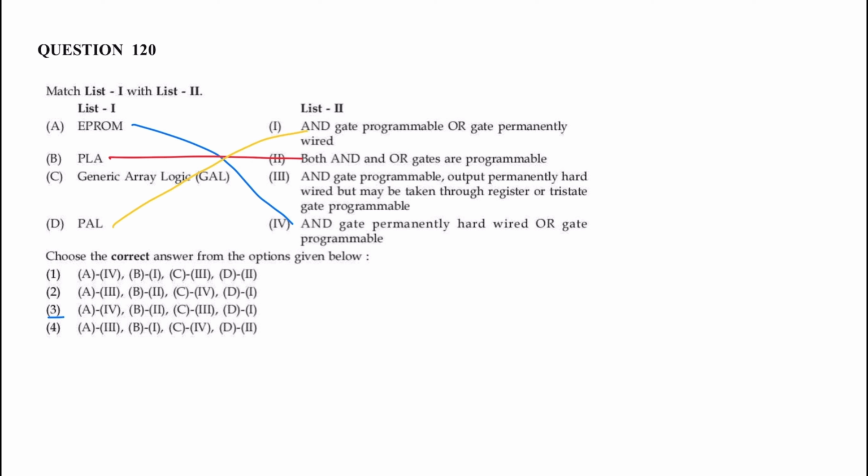OR gate, permanently hardwired or fixed. Generic array logic, AND gate, programmable, output permanently hardwired but may be taken through register or tri-state gate. For C it is 3. A4, B2, C3, D1. So correct answer is option 3.